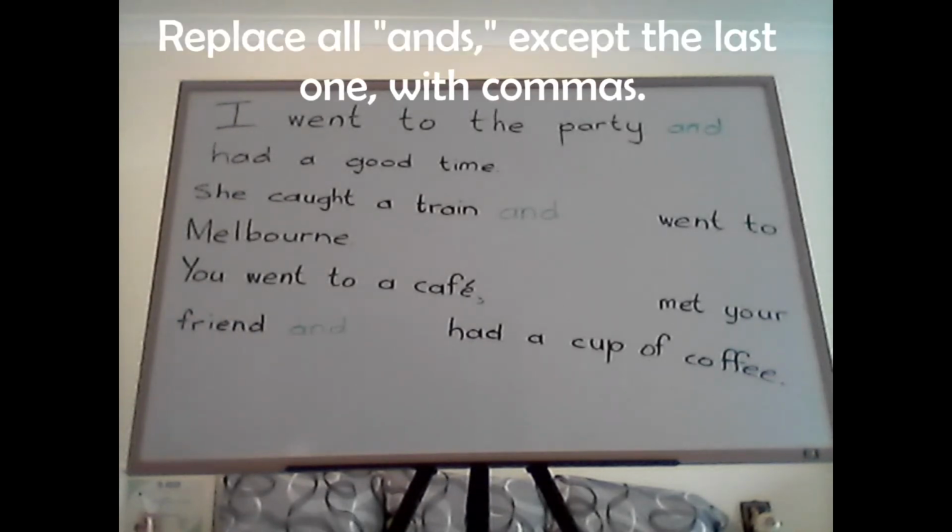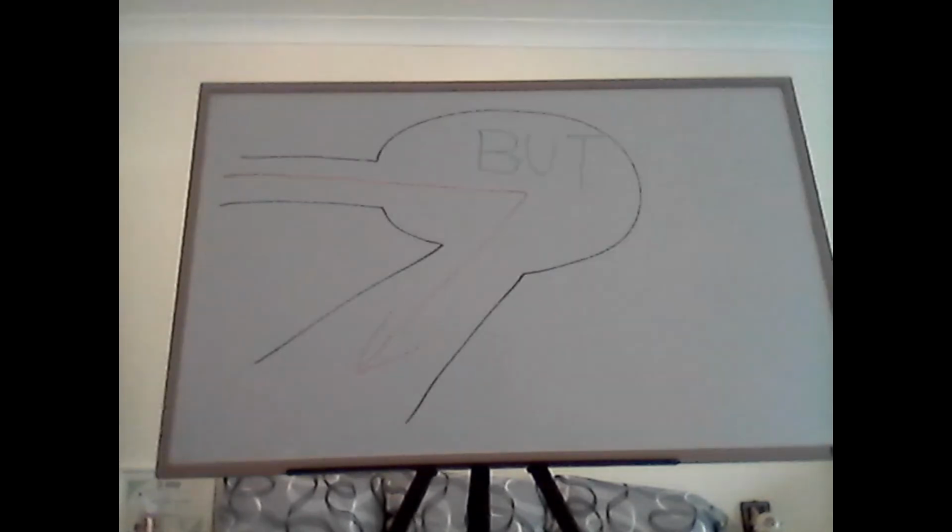When and is in the sentence more than once, we can replace all except the last and with commas. Pause for a little while after the comma when you're speaking. You went to a cafe, met your friend, and had a cup of coffee.